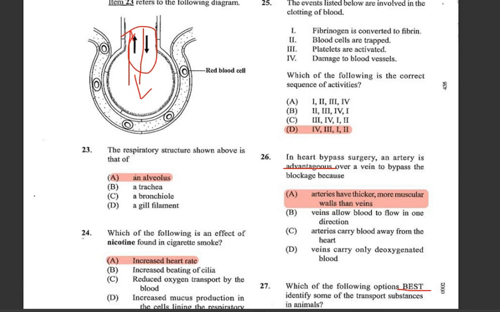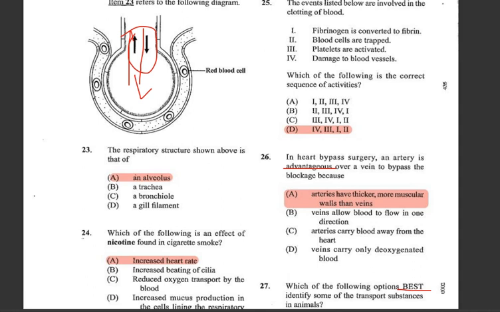We have two arrows, one going up, one going down. The arrow going up is the gas going out, carbon dioxide. The gas coming in is oxygen.